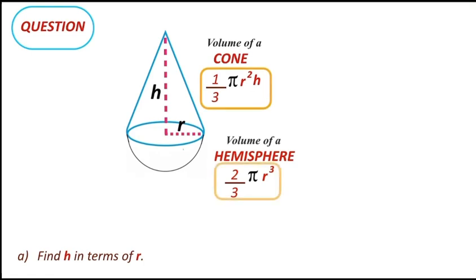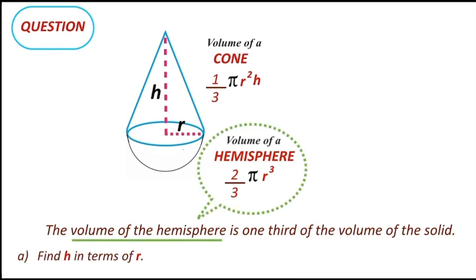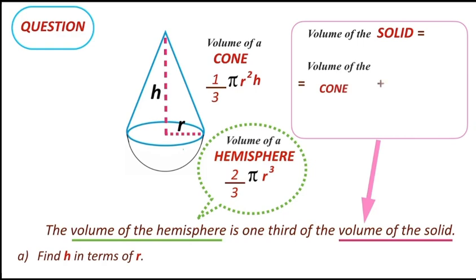And we have volume of a cone and volume of a hemisphere. Next, it is given in the question that volume of the hemisphere is 1/3 of the volume of the solid. Volume of the hemisphere is given, and we get volume of the solid by adding the volume of the cone and the hemisphere.